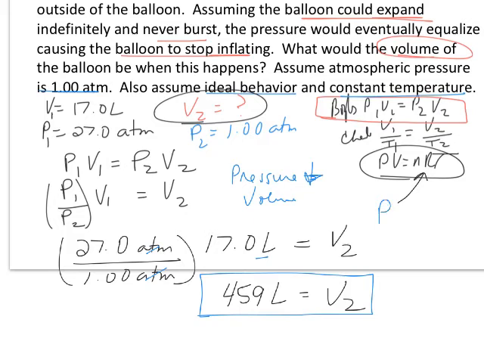Because if you turn it into PV equals nRT, and you made this a constant K, then you solve in terms of P, it would be K over V, which means they're inversely proportional. So if pressure is decreasing, volume better increase. So then compare these. 17 versus 459, it is. Okay, good job.